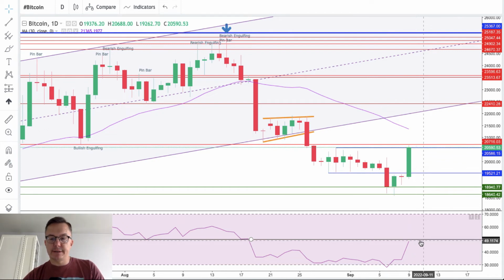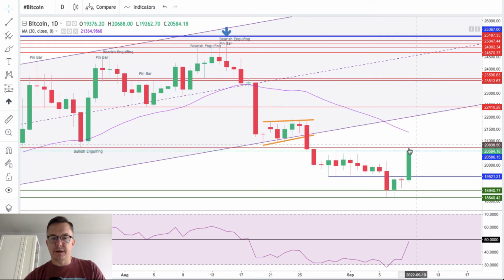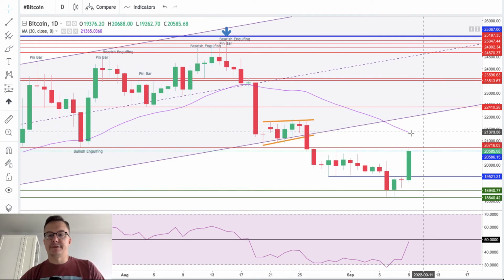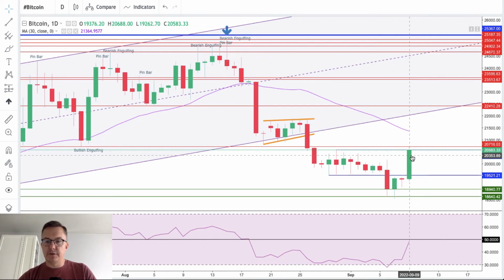Please be aware of this level, because if we break above this level, then the next target is a 30-day moving average around the level of course 21,364 right now. So that might be a very, very interesting day for the Bitcoin. For now, we are of course moving higher. There is still Saturday and Sunday for the cryptocurrency market.